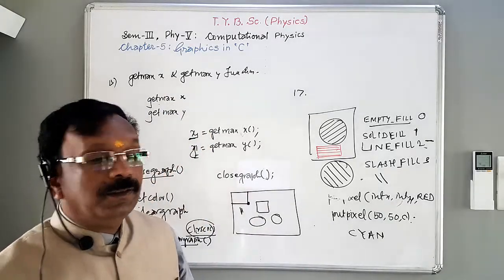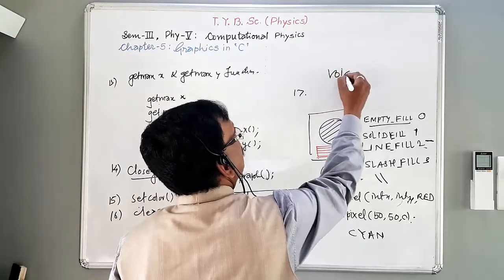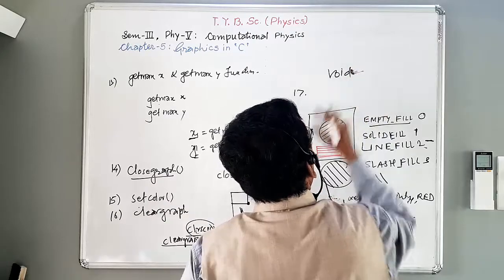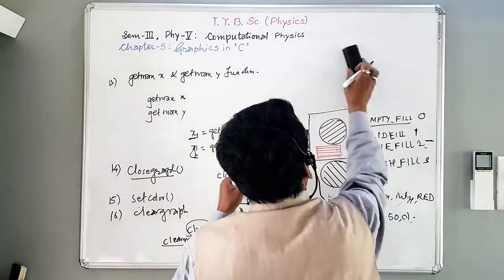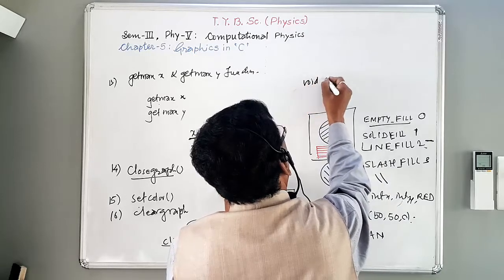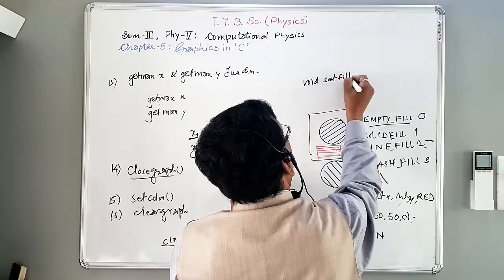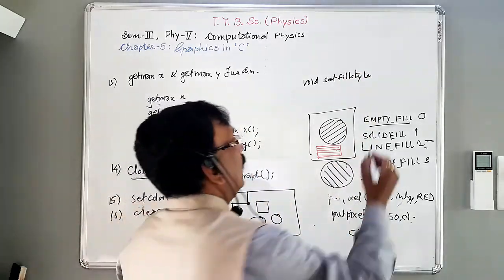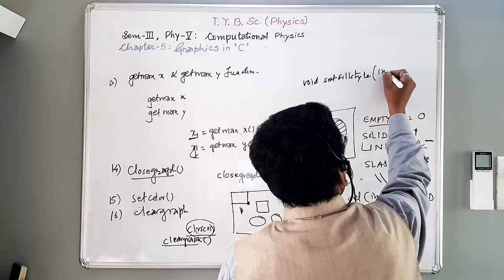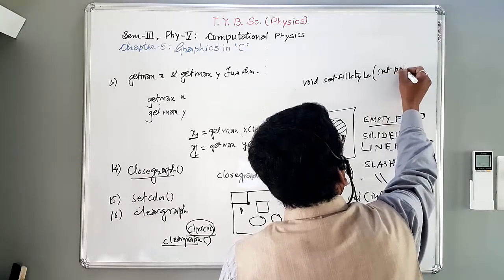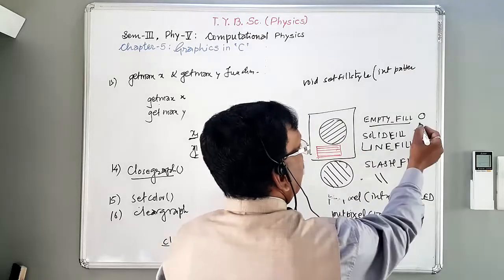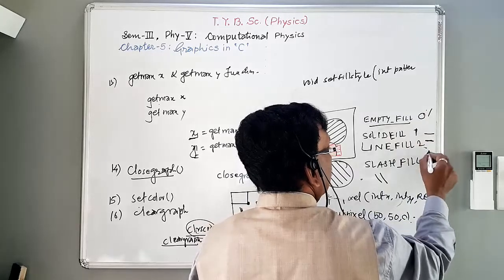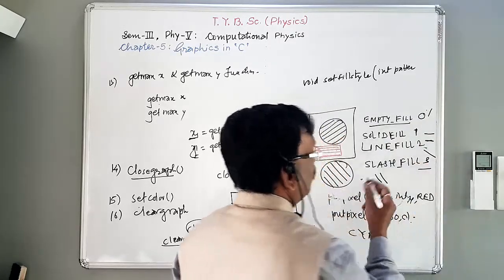Syntax is very simple. Void set fill style. This keyword is used, and here integer pattern, like this, like slash, like dash or solid.